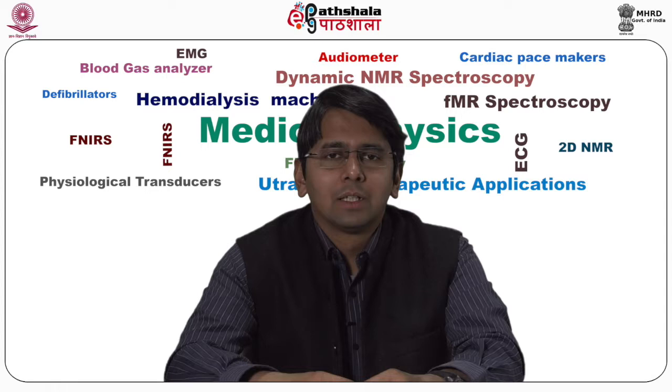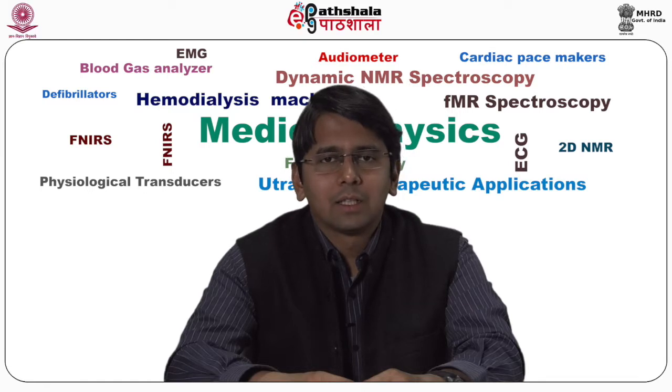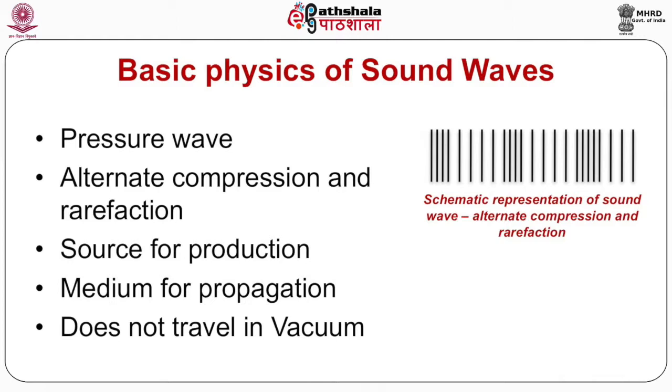Therefore, we need a source, and a medium, which may be solid, liquid, or gas, for production and conduction of sound waves. The figure in this slide shows the schematic representation of alternate compression and rarefaction, which are components of the pressure wave. The closely spaced lines depict the compression waves and the sparsely spaced lines depict the rarefaction wave. Together, these constitute a sound wave that will travel through a medium.